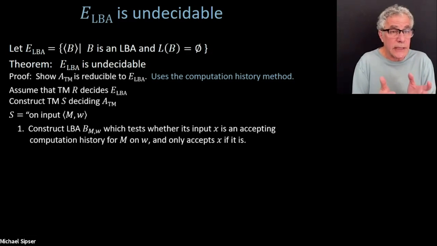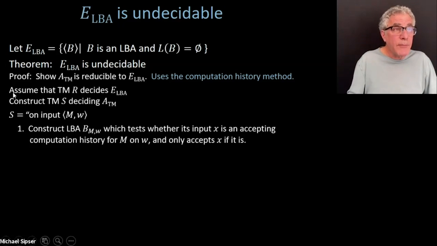You don't even know if there exists one, because you don't know if M accepts W. So you're going to build this LBA, which is looking for accepting computation histories, and then see if its language is empty or not. If its language is not empty, the only thing it could be accepting is this computation history, so you know M accepts W. Whereas if the language is empty, you know that there is no computation history for M on W, and so M does not accept W. So that's the whole idea.